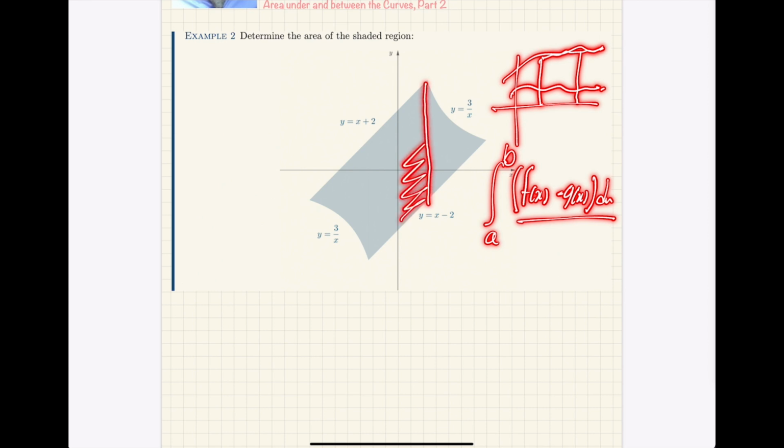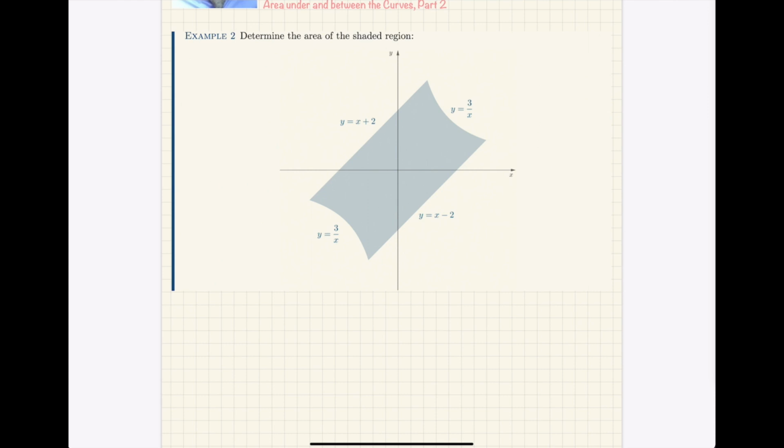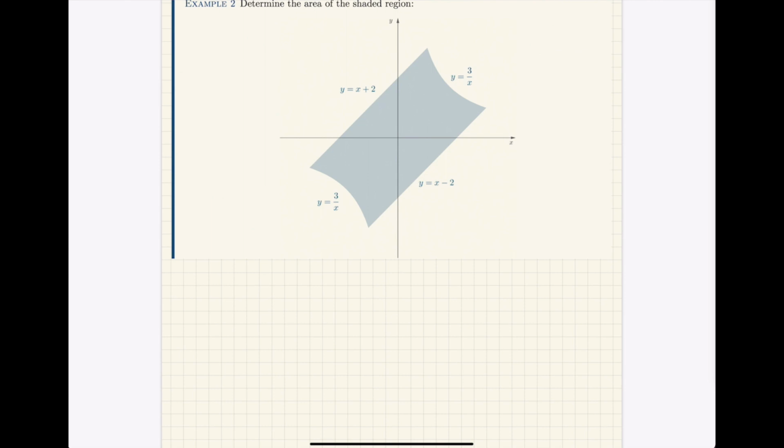In this region, the above curve is this one, the below curve is this one, and then suddenly after this vertical line, the above curve is this one and the below curve is this one. So that is the only thing that you need to pay attention to. Okay, so first of all, let me just draw this vertical line.